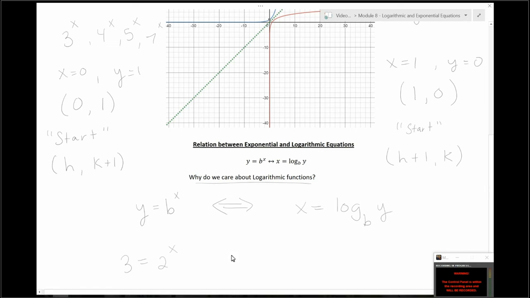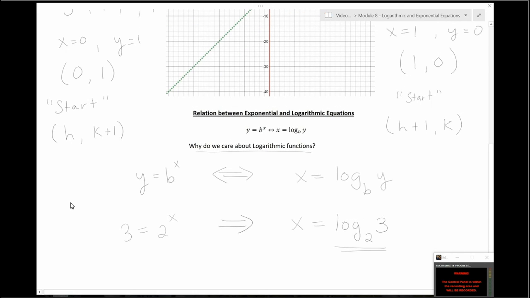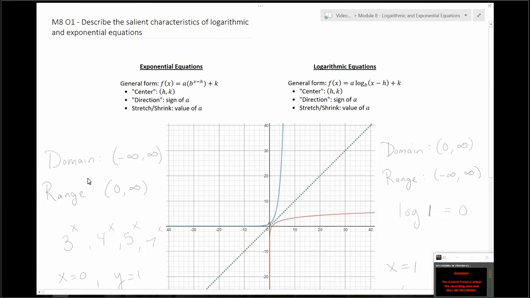But if we turn it into its log form, we can see we actually can solve for x now. x is equal to log base 2 of 3. And in later videos, we'll learn how to put that in our calculator. Yeah, that's everything we need to know about exponential and logarithmic equations.